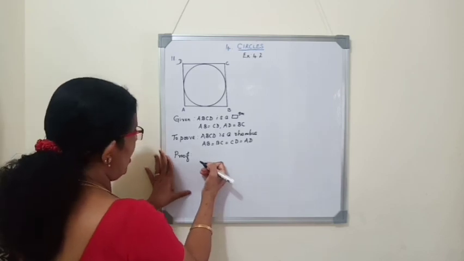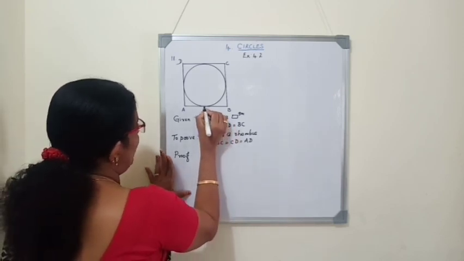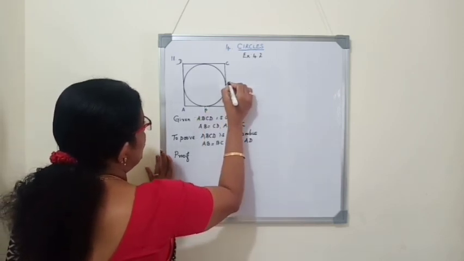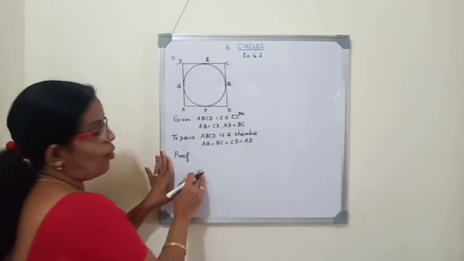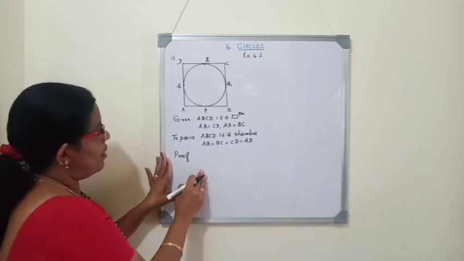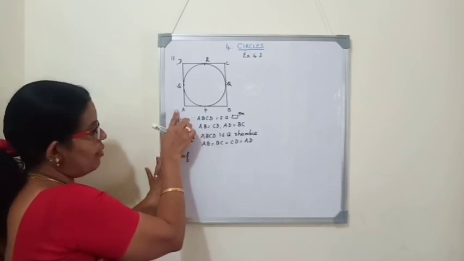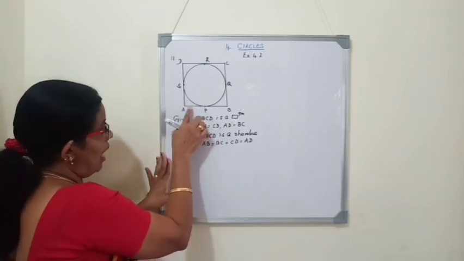So here we will mark the point of contact. P, Q, R and S are the points of contact. So we will write the properties. From an external point, if we draw tangents, they are equal.